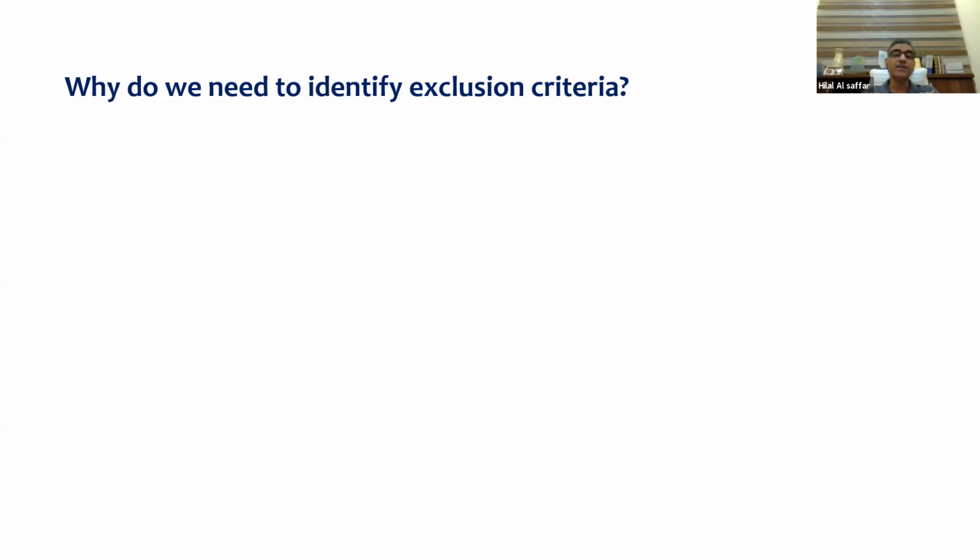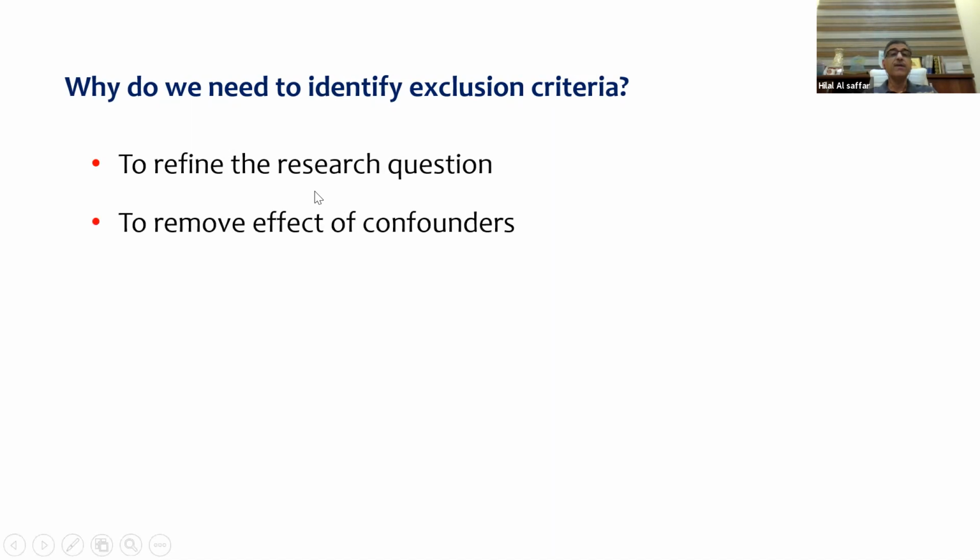فاذا يصير منطقي انه من عرفت الاكسكلوجن كرايتيريا قدرت استنتج انه why the result is lower than that in other center. هذا الاكزامبل. ولذلك احنا من نحتاج نحط الاكسكلوجن كرايتيريا is to refine the research question. مثلا نضيق للريسيرش، بدل ما نحط الميل والفيميل نقول فقط I exclude female.